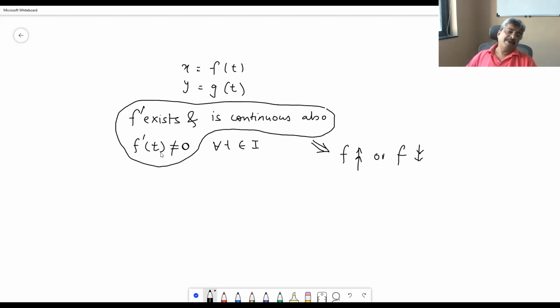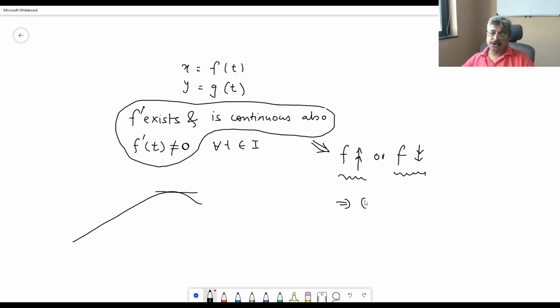Why? Because if f dash exists and is continuous, but suddenly suppose f dash of t becomes 0, then it is a decreasing function after that. So this situation will never happen, and therefore the function will be either strictly increasing or strictly decreasing, implying that it is 1-1 and onto.